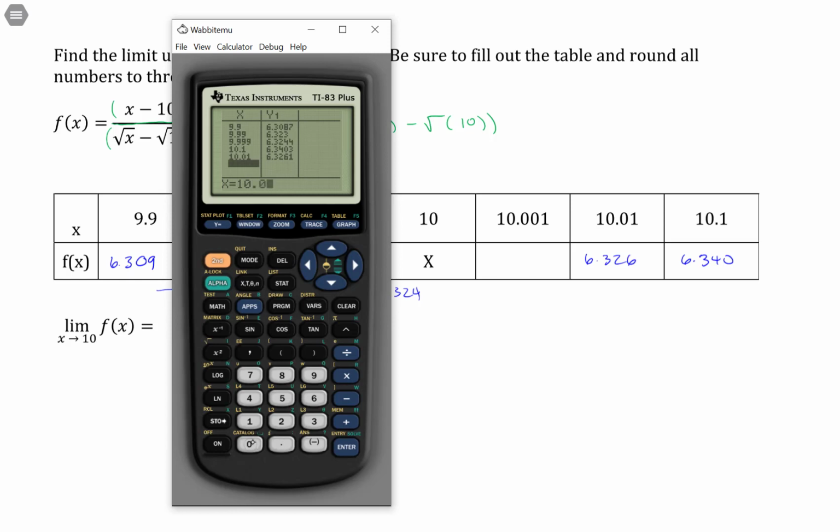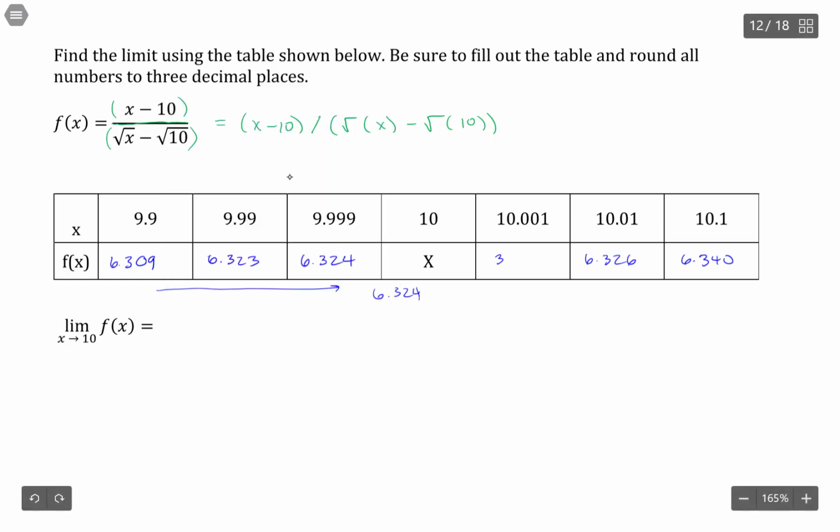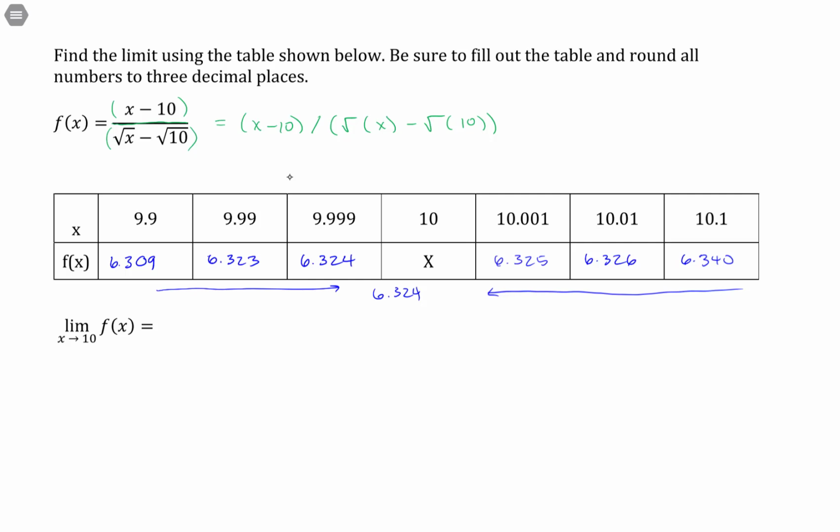And 10.001, that is 6.325. So as we approach from the right here, we're going to 6.325, which is really close to this one.